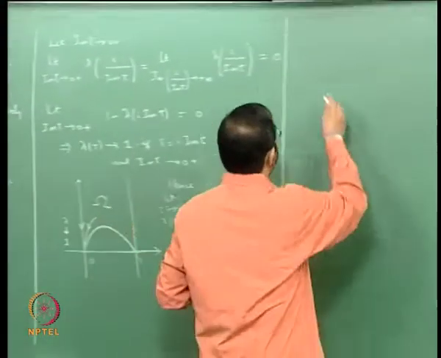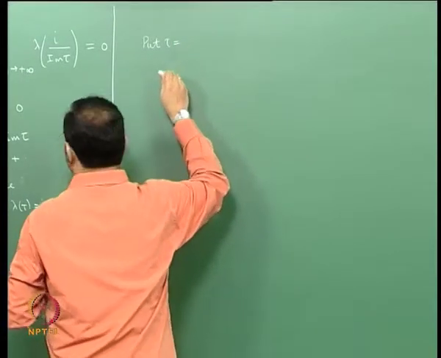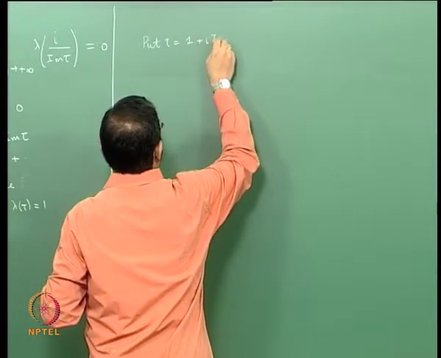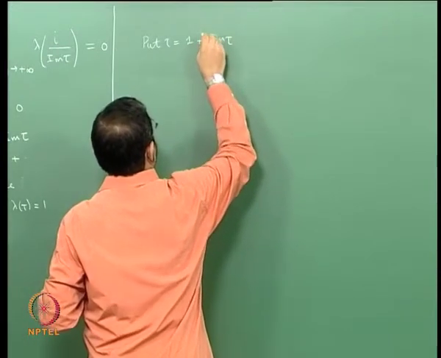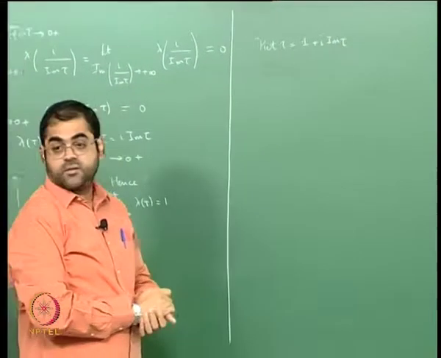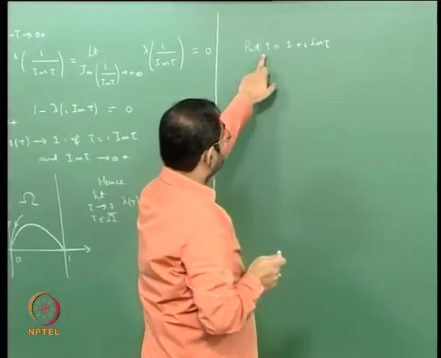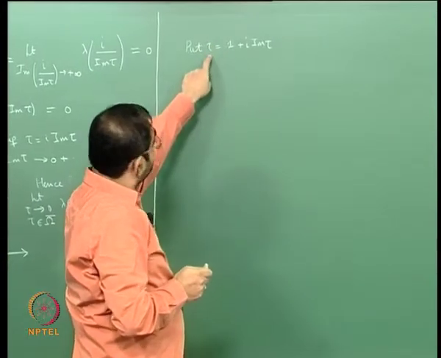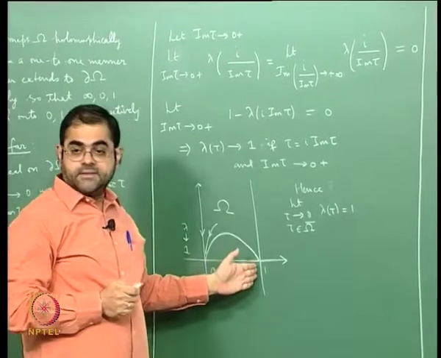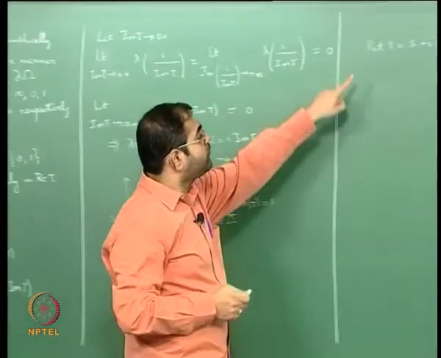Alright, so what you do is put tau equal to 1 plus I times the imaginary part of tau. Okay, that is, constrain tau to be in the upper half plane with real part of tau equal to 1. Letting tau tend to 1 along this line is the same as letting the imaginary part of tau tend to 0, and I am trying to calculate what is lambda of tau.